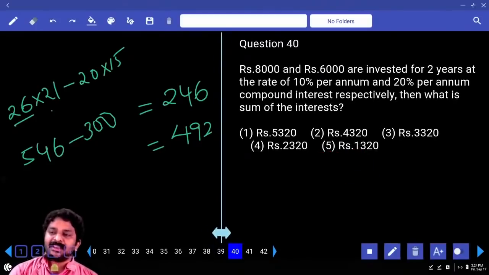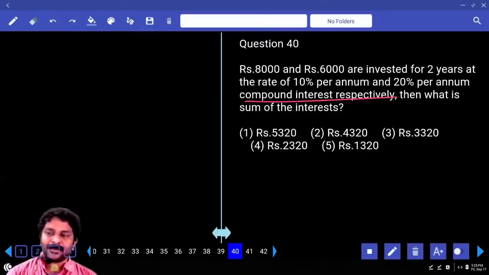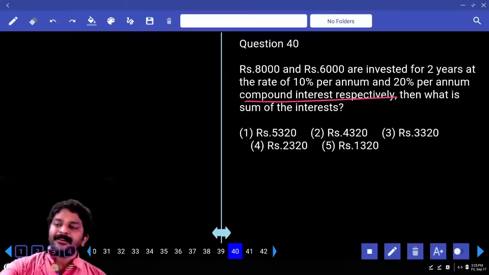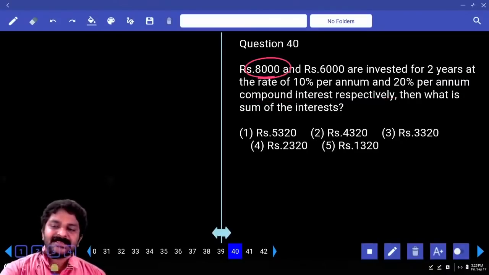8,000 and 6,000 are invested for 2 years at the rate of 10% per annum and 20% per annum, compound interest respectively. Clearly they mentioned compound interest. Then what is the sum of interest? Both were given for 2 years only. 8,000 rupees is given for 2 years at 10% per annum.